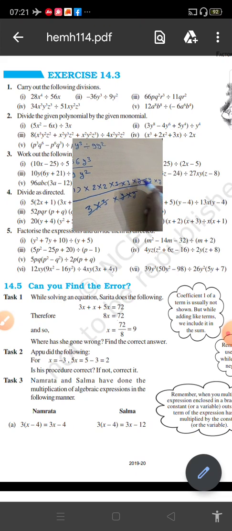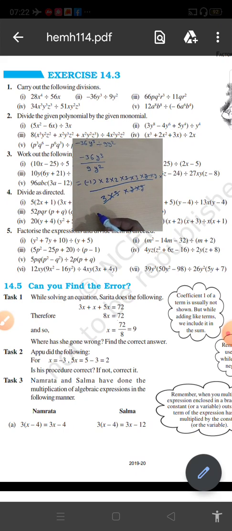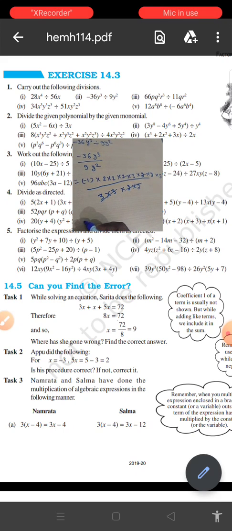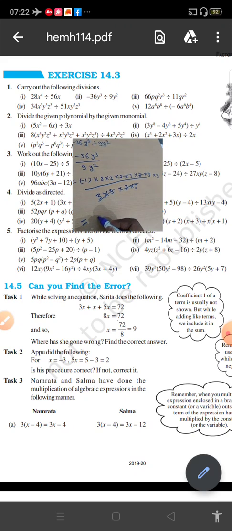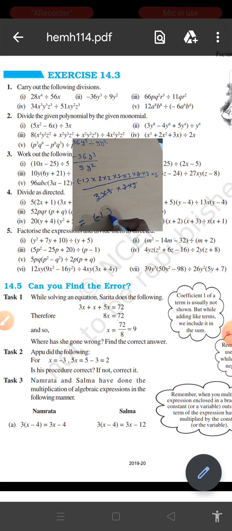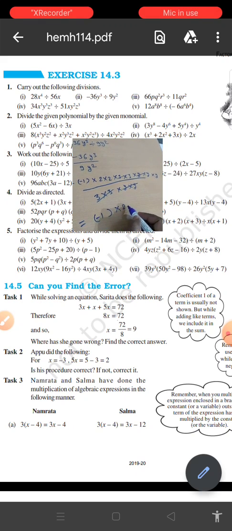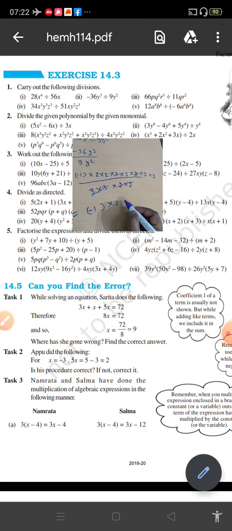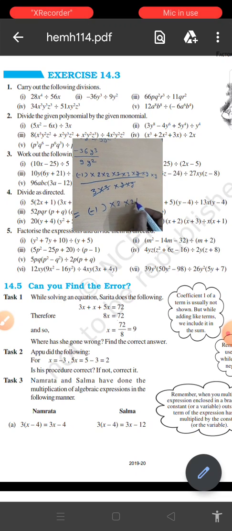You can do like this, and what you have after this, we see minus 1 into 2 into 2 into y.